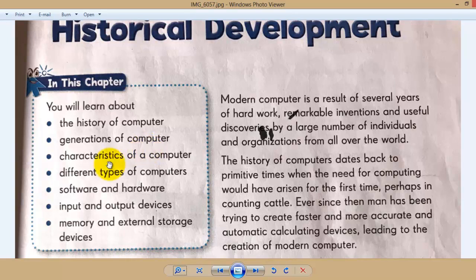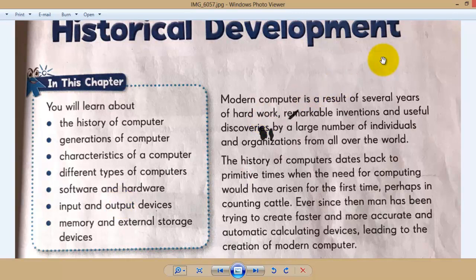And the characteristics of computers, different characteristics according to the generation. Different types of computers, we will learn later on. This part we have also somewhat already learned in a previous class. And software and hardware, this is an easy one. Input and output devices, memory and external storage devices. Again, in this chapter we are going to learn all these topics.